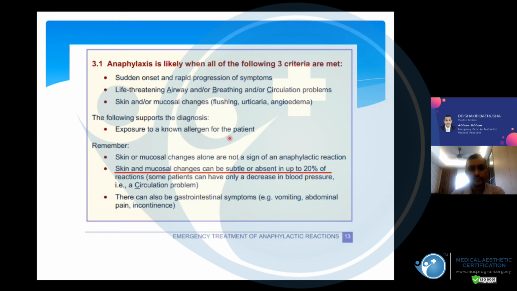But you also need to know skin and mucosal changes can be very subtle or absent in about 20% of patients. Sometimes people may not present with skin or mucosal changes, they just come with GI symptoms. Even then, you need to have a high index of suspicion whether this patient is developing an anaphylactic reaction.